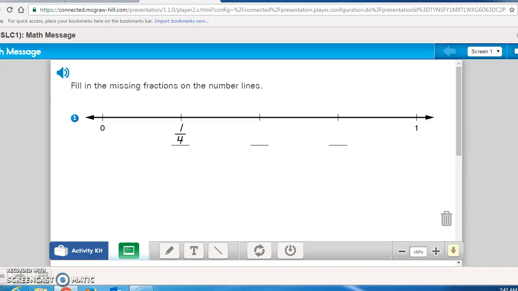Let's look at number 1 first, and I'm going to tell you a good trick. Whenever you're looking at between 0 and 1 or any other numbers, you need to know that the amount of sections that your line is broken up into is going to be your denominator. And then between 0 and the first section goes your numerator. So this is 1/4.